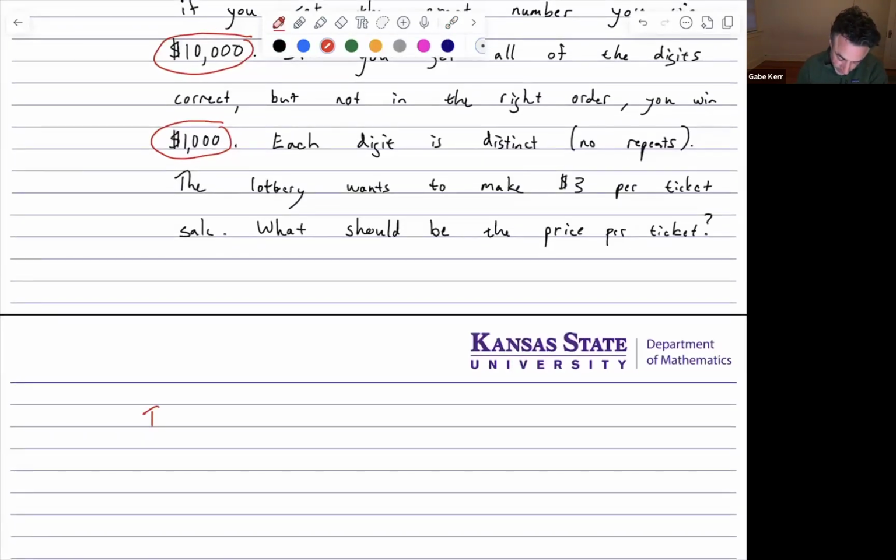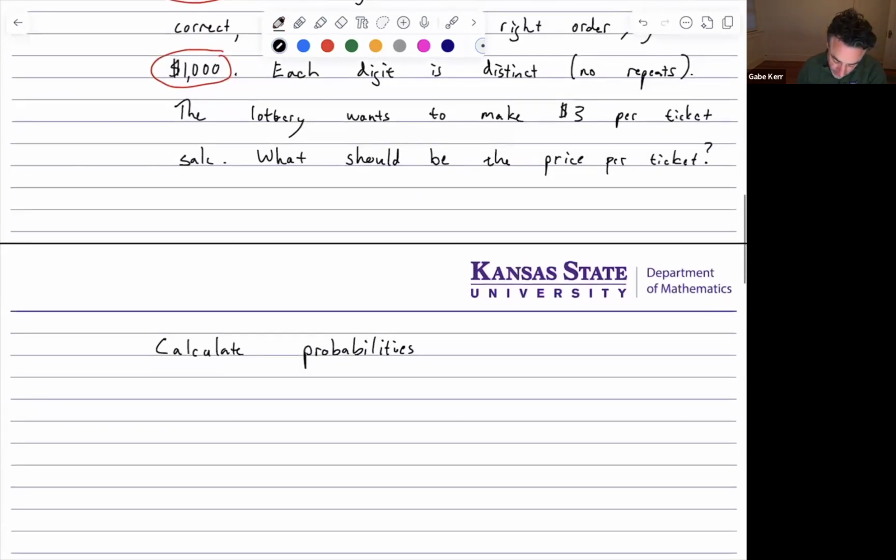So the task: we want to calculate probabilities here. And once we have the probabilities, we can go ahead and calculate our expected value, our expected payoff. What is the probability of the $10,000 payoff, X1 being 10,000?